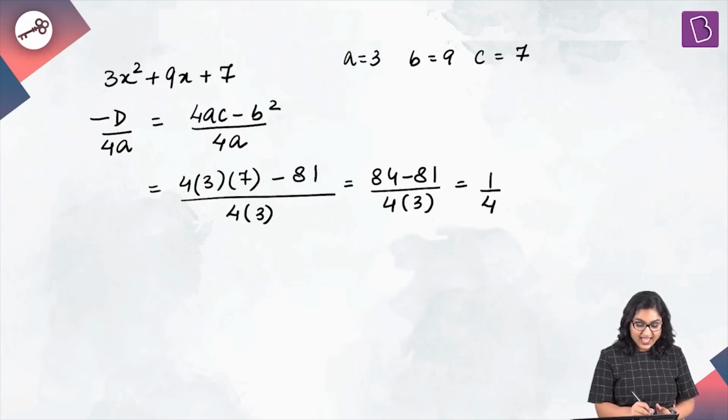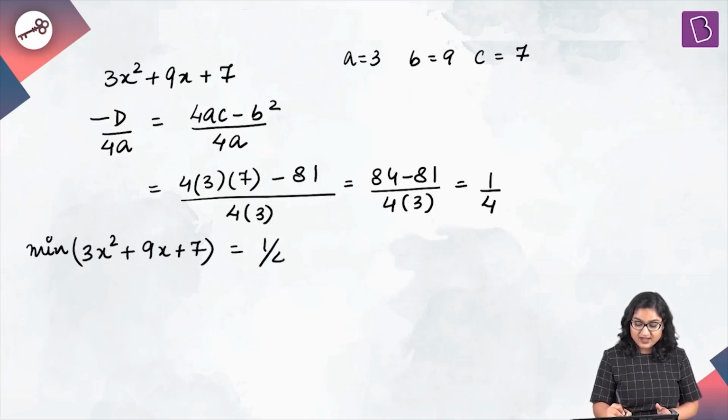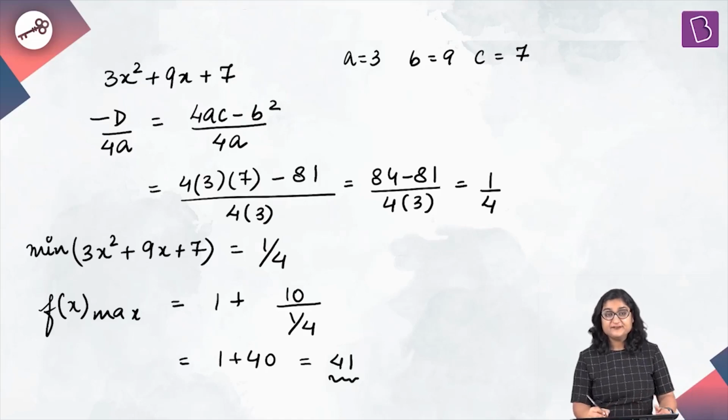All right. So we have found out the minimum value of 3x² + 9x + 7, which is equal to 1 by 4. So f(x) maximum will be equal to 1 + 10 divided by 1 by 4, which is equal to 1 + 40, and that is equal to 41.